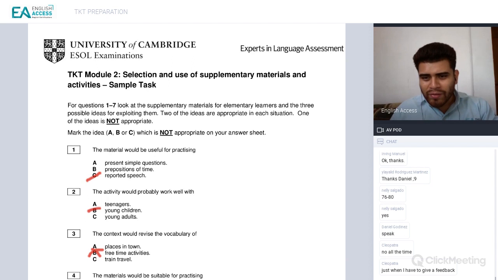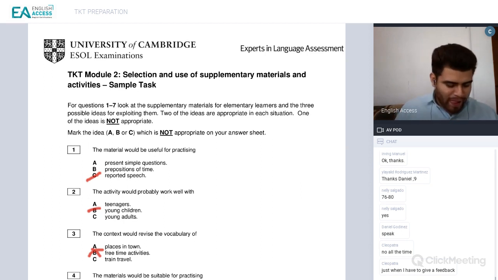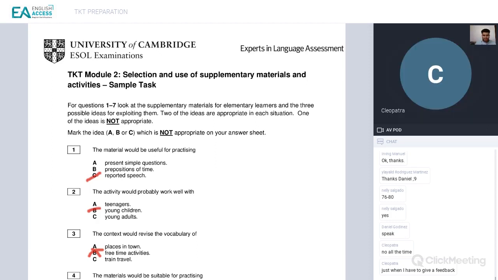Cleopatra, what are you talking about when you had to give feedback? Here, let me activate your microphone. Okay. Hello. For example, when I have to give them the feedback about the grammar, maybe about vocabulary, I have to bring some extra materials to get a review about the things we check in class.